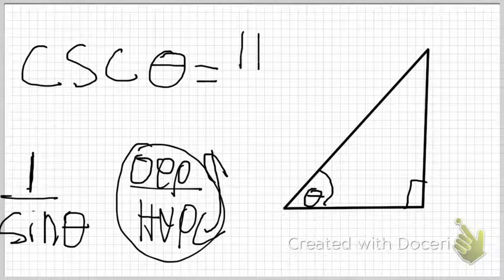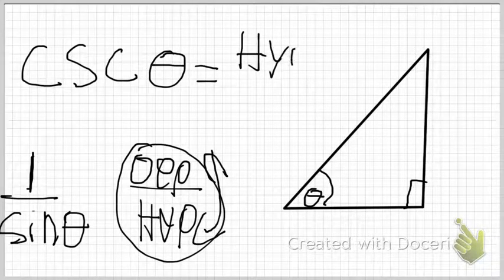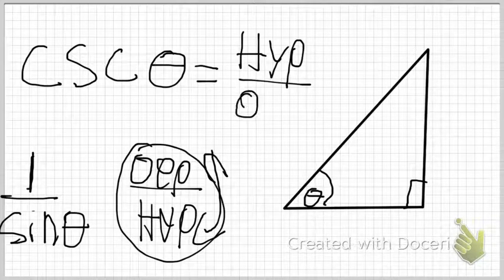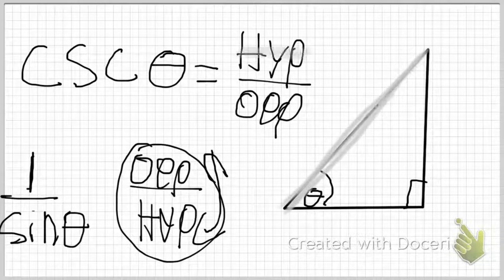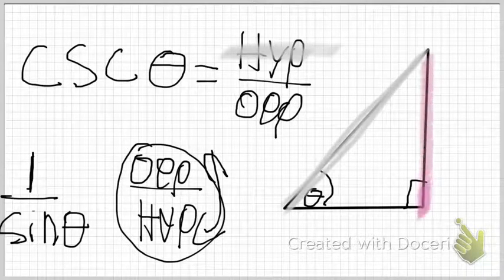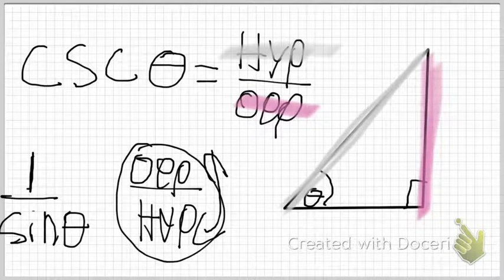So it'll be hypotenuse over opposite. That's the hypotenuse in the gray, and the opposite is the one that's in the pink color. So that's how you find cosecant of theta.